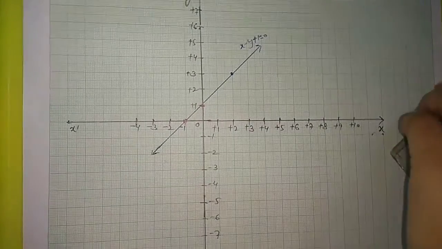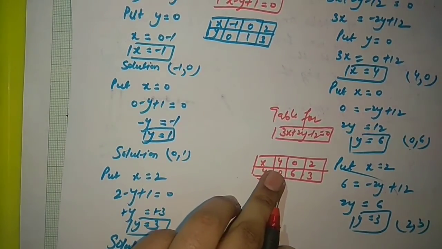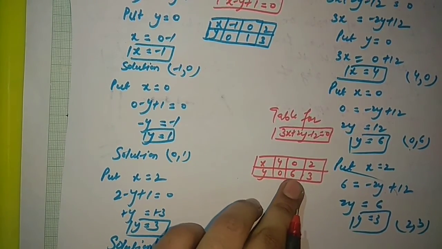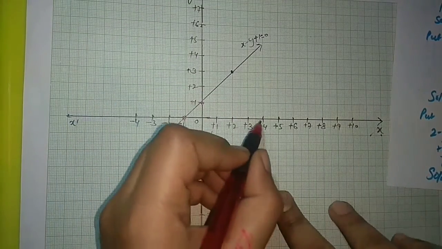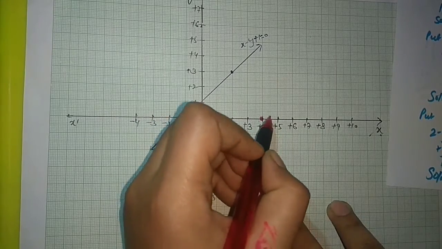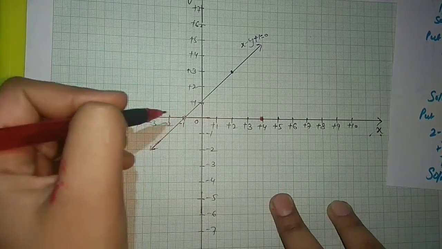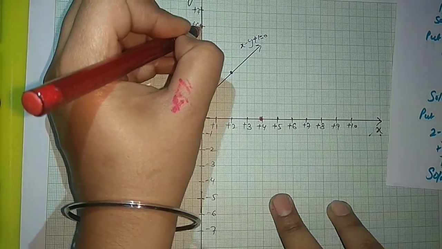So next line we have the solutions 4 comma 0, 0 comma 6 and 2 comma 3. So first plot 4 comma 0. 4 comma 0 is this point on the x-axis. Next was 0 comma 6. 0 comma 6 means a point on the y-axis.